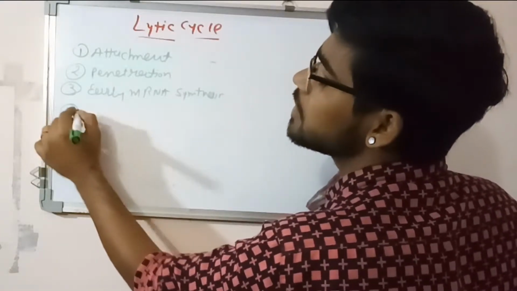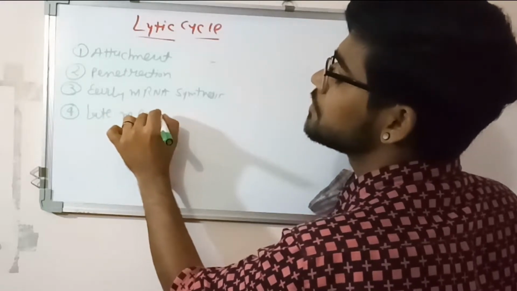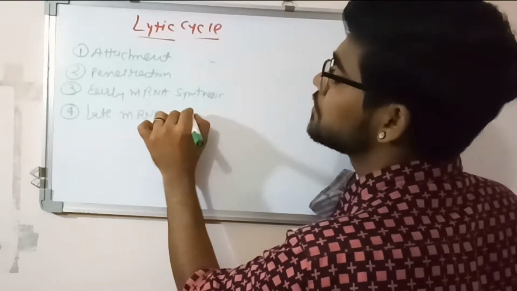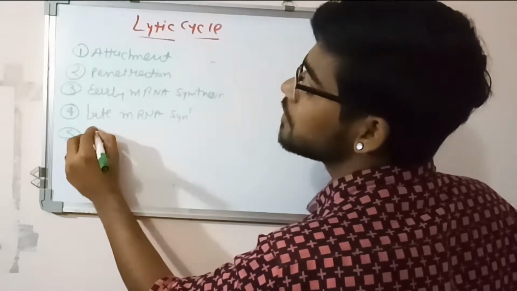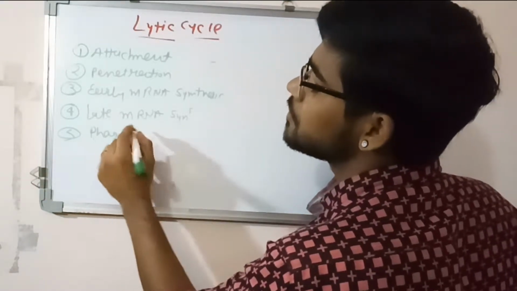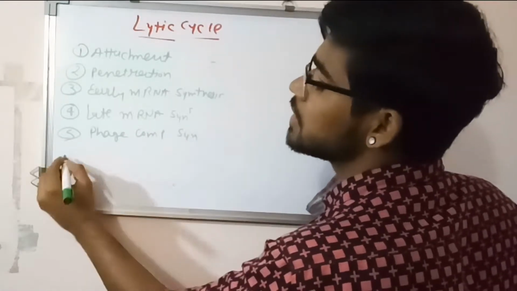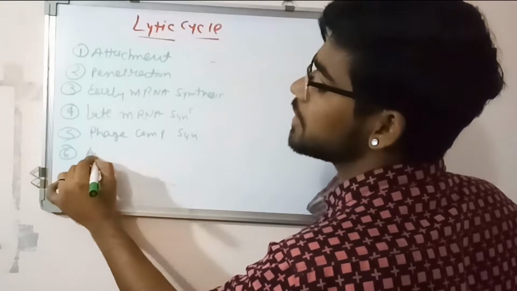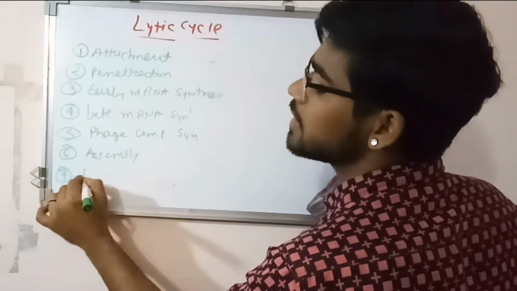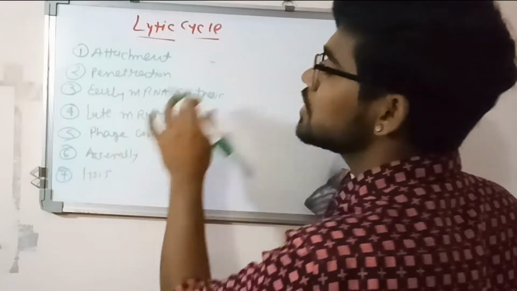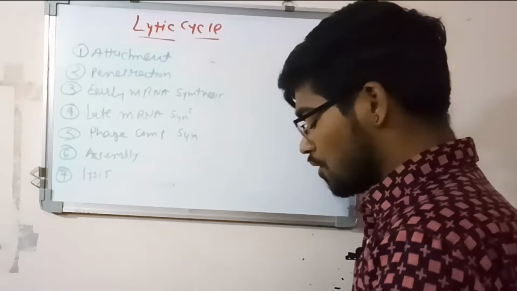The fourth step is late mRNA synthesis. The fifth step is phage component synthesis. The sixth step is phage assembly. The seventh step is bacterial cell lysis. So these are the rough 7 steps which you can use to remember the whole cycle.